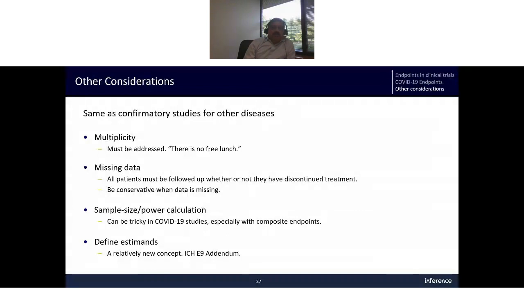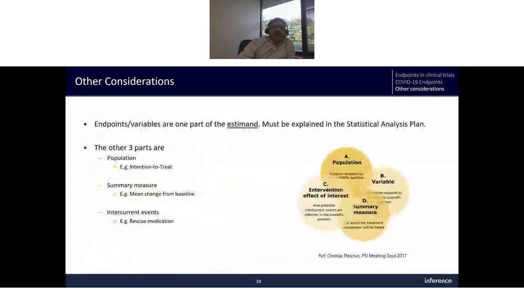Okay, so this is a relatively new concept that has come through the ICH E9 addendum. Basically, whenever you talk about an endpoint, you have to talk about the endpoint in context, right? And that context has three other parts. The population, so for example, intention to treat. FDA already said that that's the population you have to consider. The summary measure, so what are we looking at? Are we looking at a proportion of something?